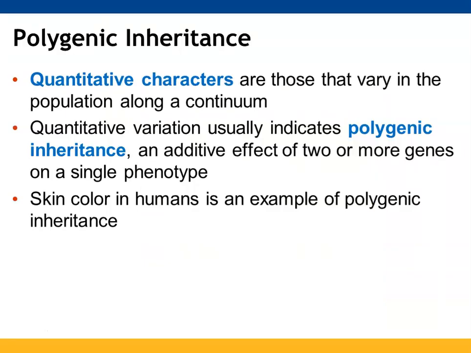Polygenic inheritance has an example in skin color, where you have a variation of these characters along a range, a continuum. Typically more than one gene is having an impact on a physical expression that we would see, a phenotype.